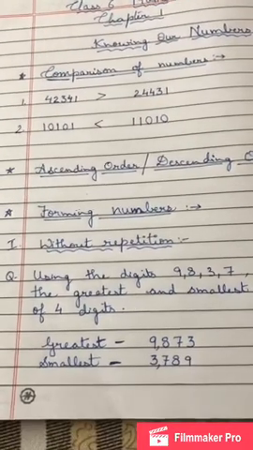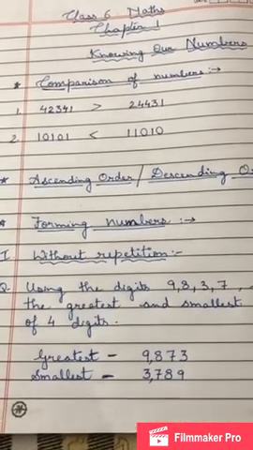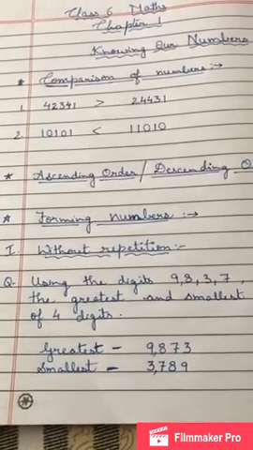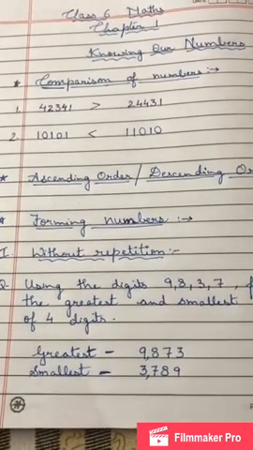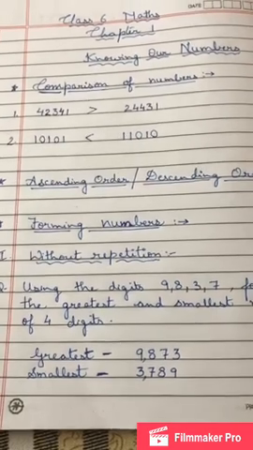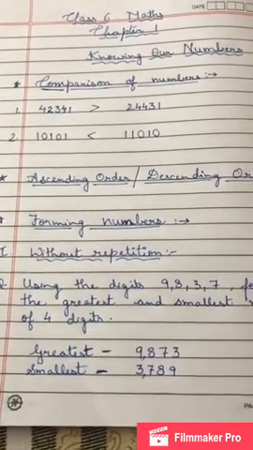Now we move on to our next concept, that is forming numbers. Based upon this concept, you will find two different types of questions. The first type is forming numbers without repetition and the second is forming numbers with repetition.